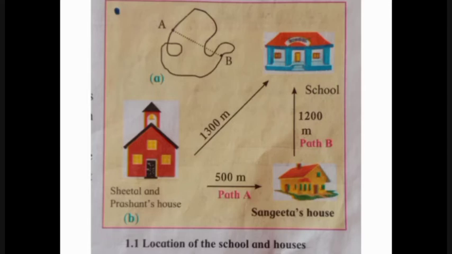Along with Sangeeta, Sheetal covered a distance of 1200 meters towards the school along path B, and she requires 24 minutes to reach to the school.